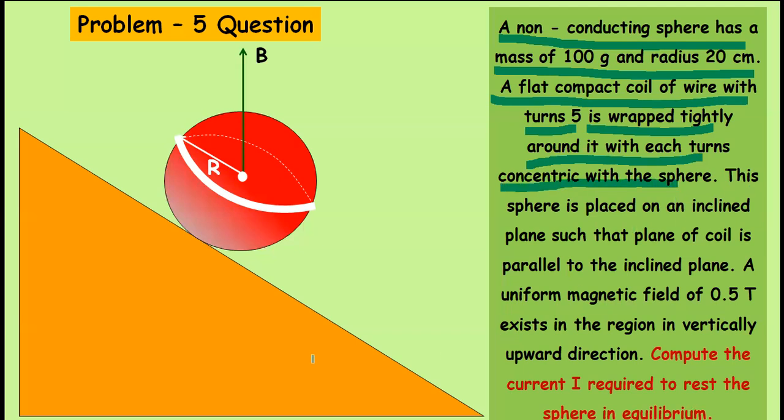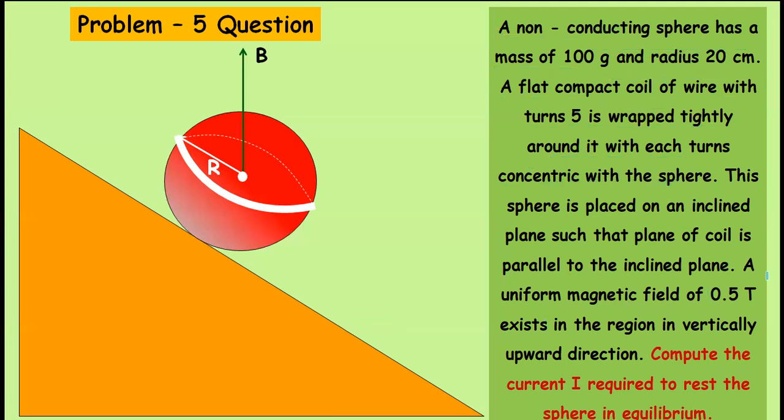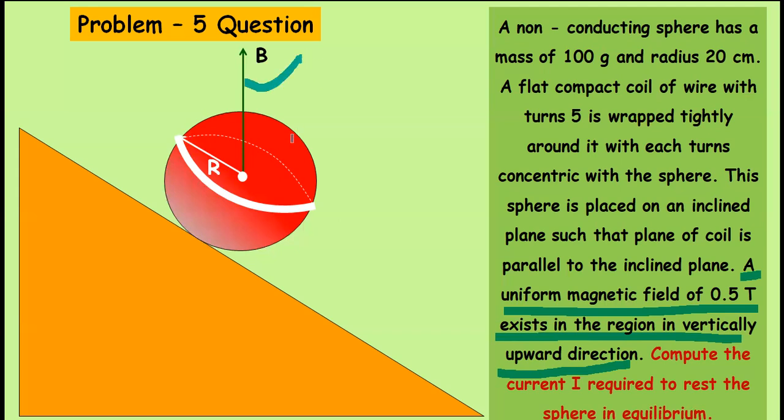This sphere is placed on an inclined plane such that the plane of the coil is parallel to the inclined plane. A uniform magnetic field of 0.5 Tesla exists in the region in vertically upward direction. You can see this is the magnetic field which acts vertically upwards.